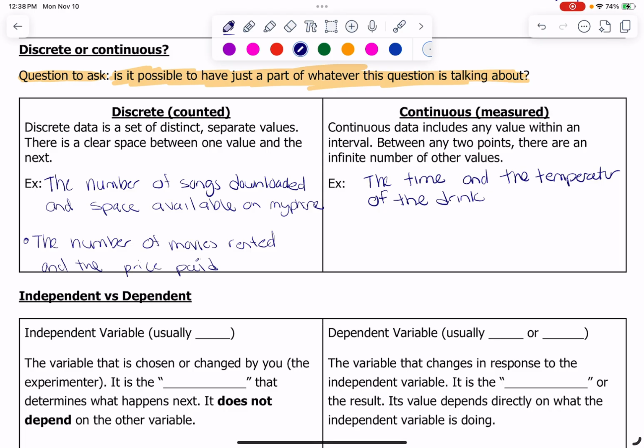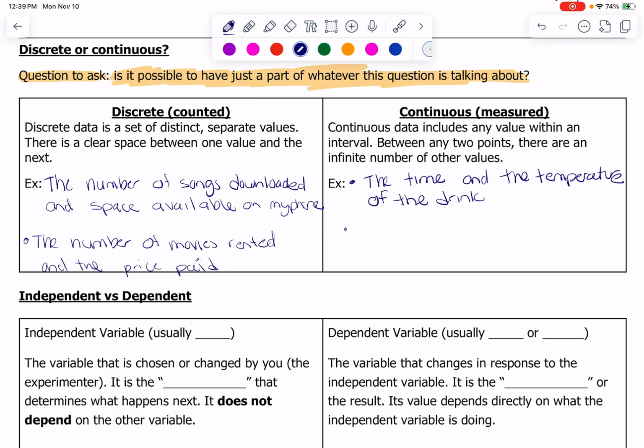Okay, so if I go to Starbucks and get a coffee, my coffee starts off hot. Well, as time goes on, the temperature is going to decrease. Can I have half a minute? Sure. Can I have half a degree? Sure. So the amount of space between 1 minute and 2 minutes and 3 minutes and so on has an infinite number of temperature readings. So this would be continuous data.